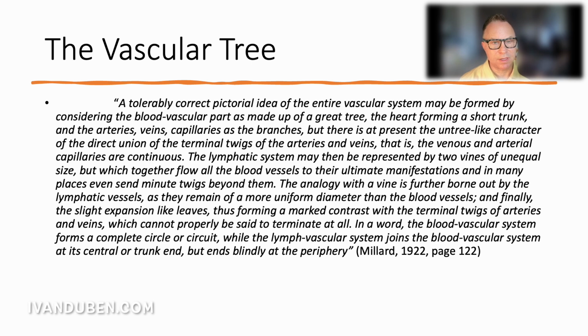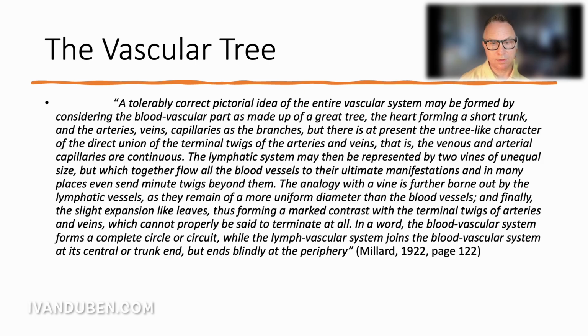The lymphatic system may then be represented by two vines of unequal size, but which together follow all the blood vessels to their ultimate manifestations, and in many places even send minute twigs beyond them. The analogy with the vine is further borne out by the lymphatic vessels, as they remain of a more uniform diameter than the blood vessels, and finally the slight expansion like leaves, thus forming a marked contrast with the terminal twigs of arteries and veins, which cannot properly be said to terminate at all.